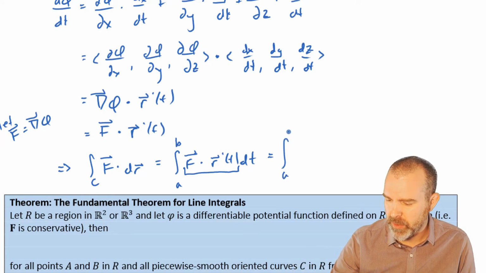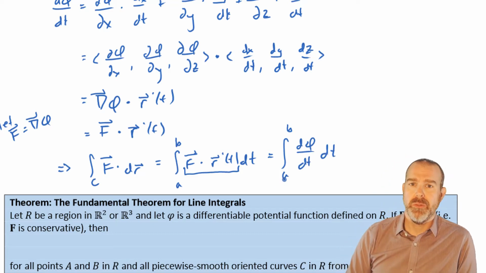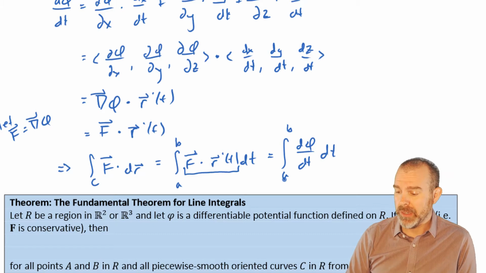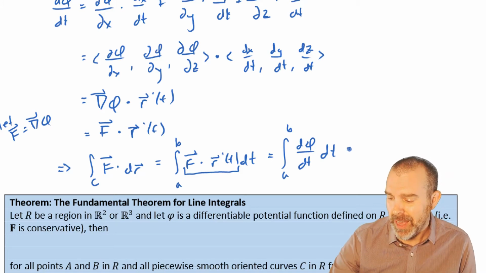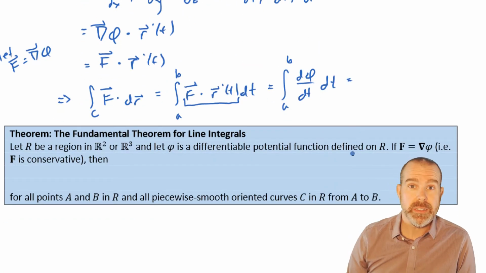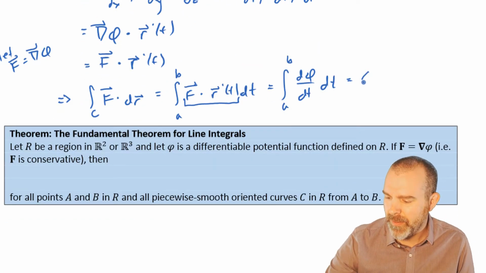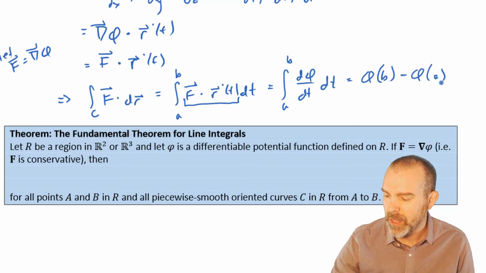So this is the integral from a to b of d phi dt dt. Well, that looks familiar. It's a weird symbol there with phi, but that's the integral of a derivative. That's the fundamental theorem of calculus from Calc 1. That's phi evaluated at the upper limit minus phi evaluated at the lower limit.